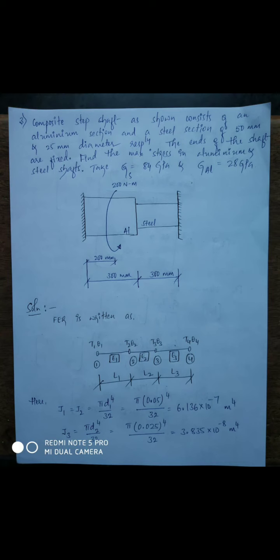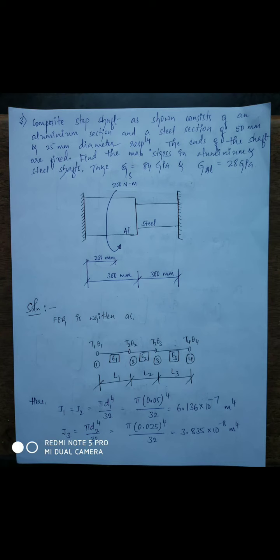After writing down the FER, now we will calculate the value of polar moment of inertia J for each of the elements. The first element is a portion of the first step of the composite bar structural member made up of aluminium, thus the diameter is uniform for both the elements of the first step.